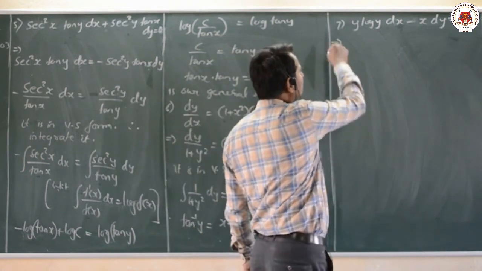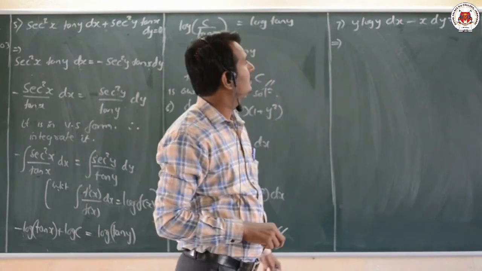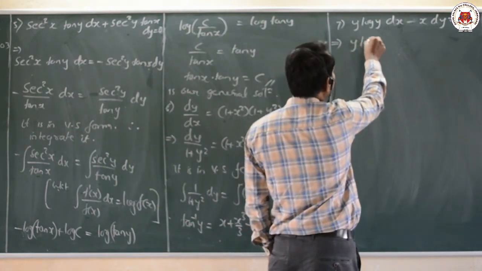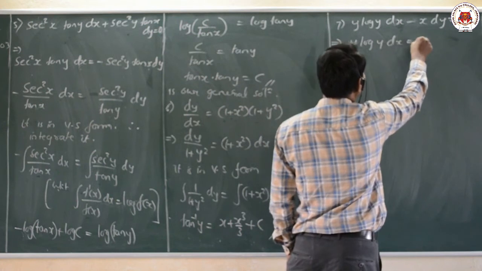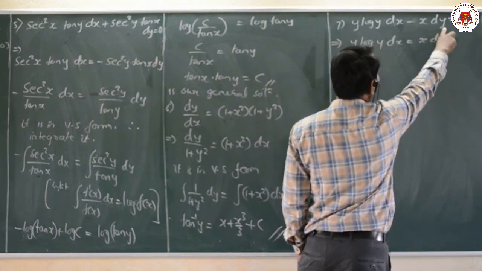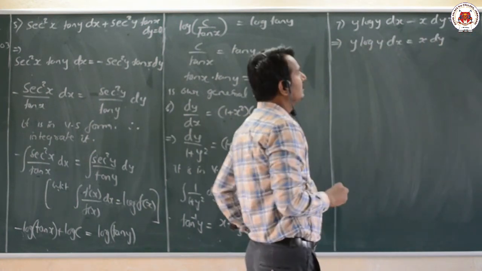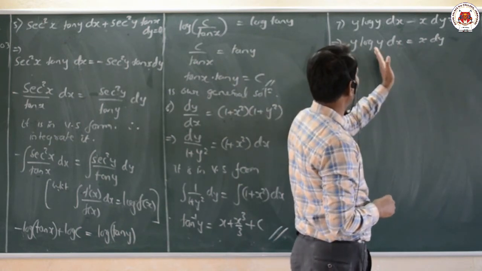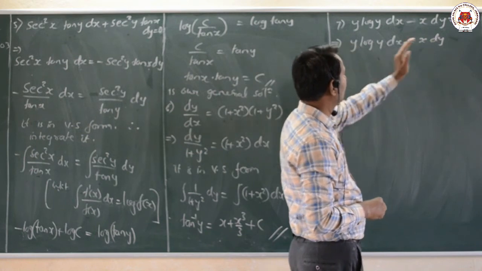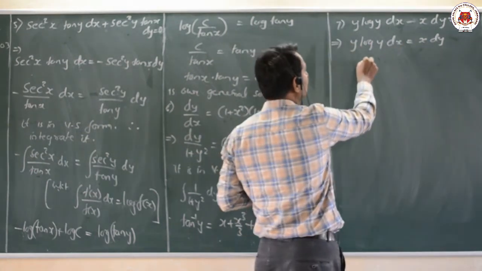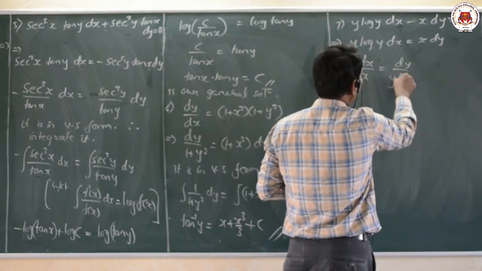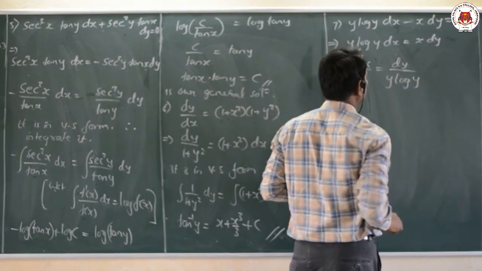Since it is a multiplied question, what we can do here is y log y into dx equal to x dy, taking this term to the RHS. Now log y I will take to the denominator, x to the LHS denominator. What we get is dx divided by x equal to dy divided by y into log y.